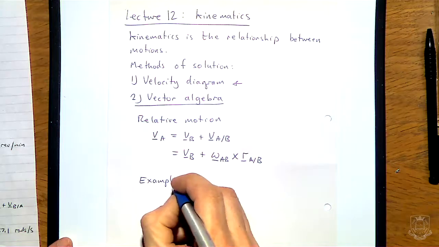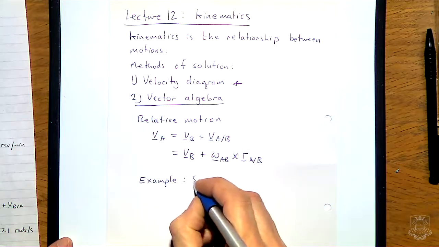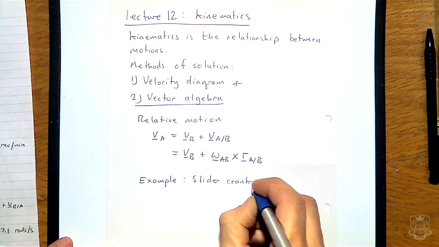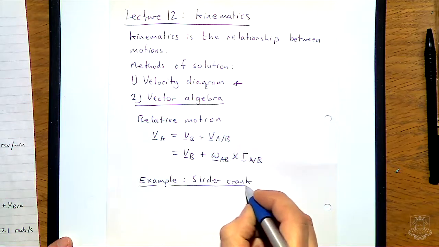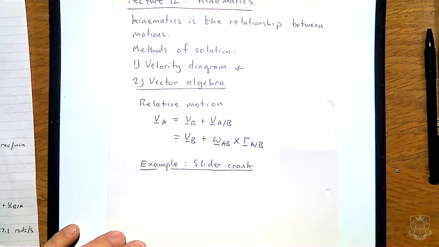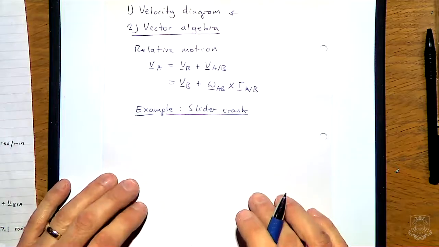So the first example we're going to do is called a slider crank. Okay, so this is a classic mechanical engineering example. Slider cranks turn up in all sorts of machines and mechanisms. Probably the most well-known one is the internal combustion engine. Okay, so that's one area where they turn up.